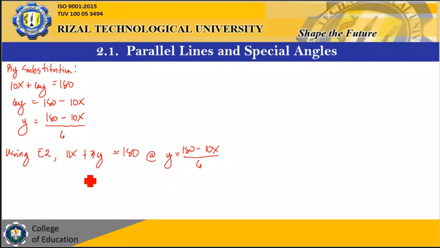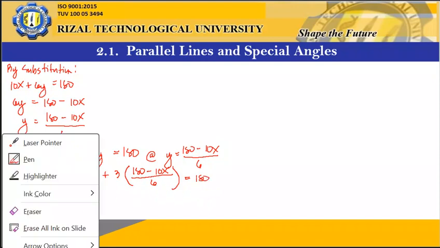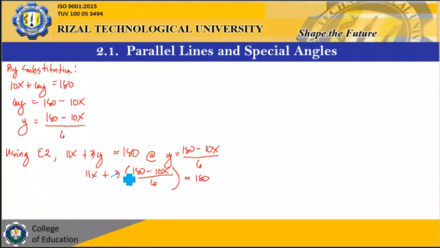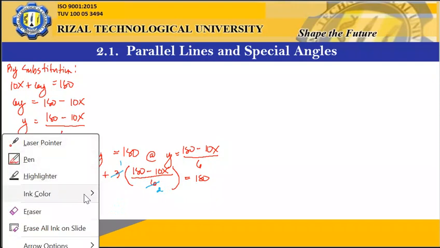By substitution, we have 11x plus 3 times 180 minus 10x divided by 6 is equal to 180. Simplifying further, we can cancel out 3 and 6, this becomes 2 and this becomes 1.